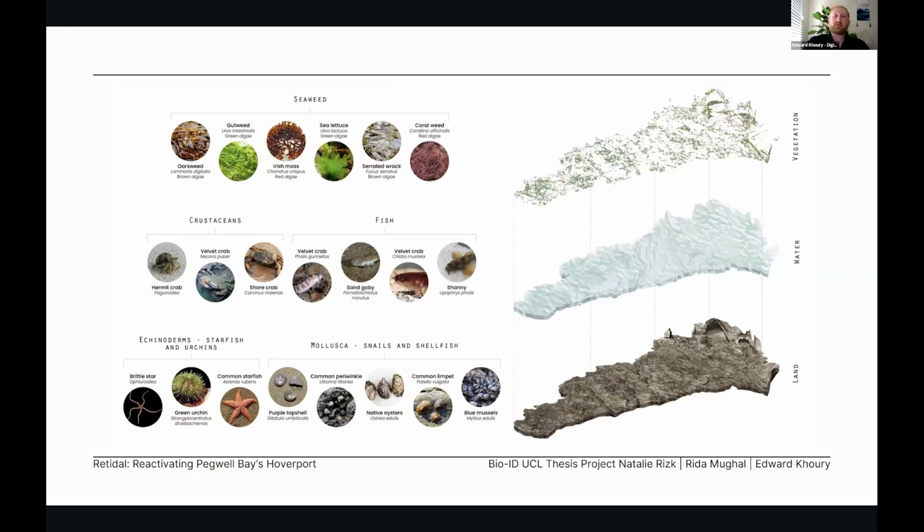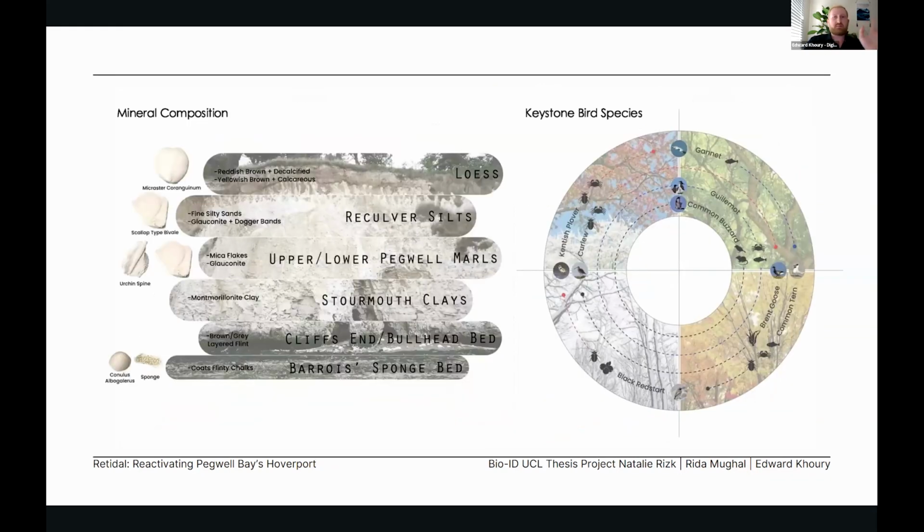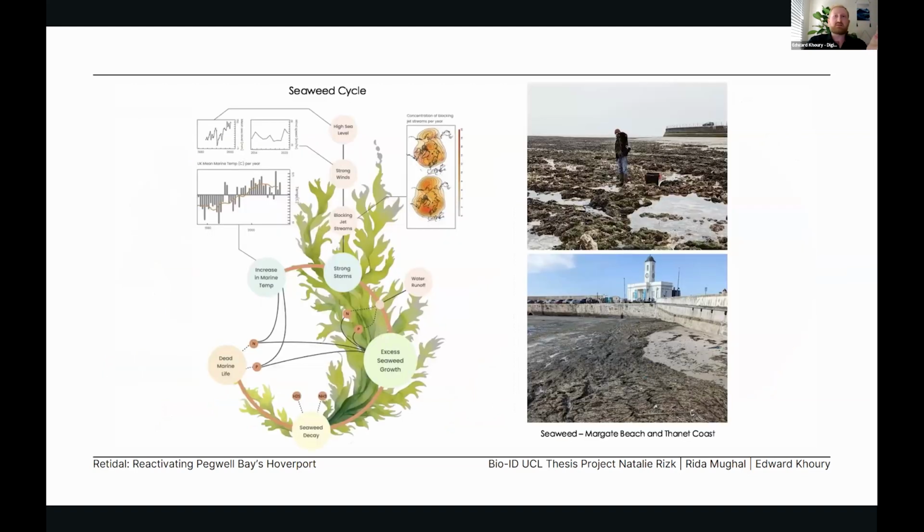So the idea is that when you research everything from mineral compositions, even keystone bird species, seaweed cycles, things that start expressing different design languages, you start formulating and considering what you can do for the space that is now barren but could be providing much more for both people and organisms.